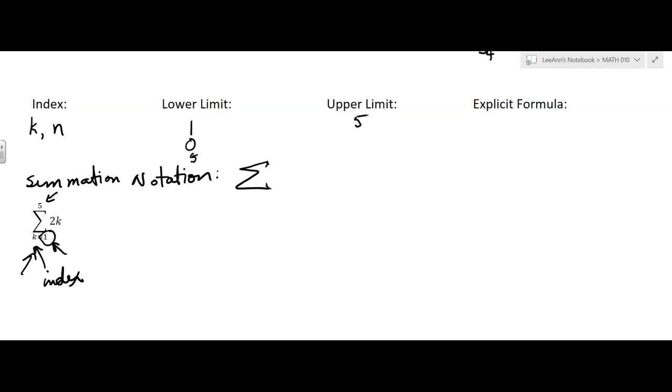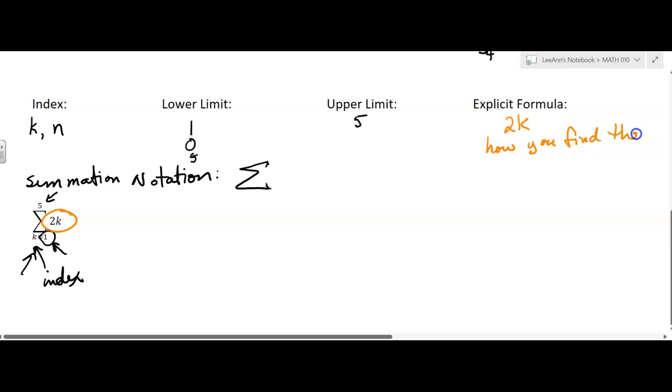You could be adding the first 3 terms or the first 10 terms. The explicit formula, now that's kind of the important part. That is, in our case, 2k. It's based on the variable that you're given, and that's how you find the terms.